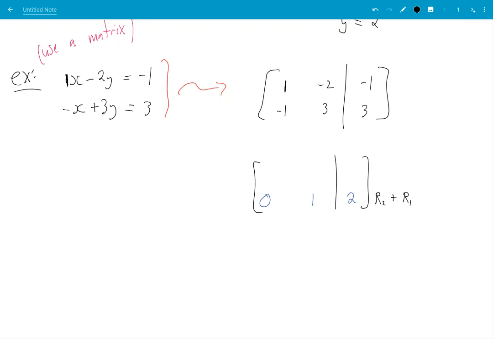Okay, so in this step, I'm only changing the second row. So I'm just going to copy out the first row.